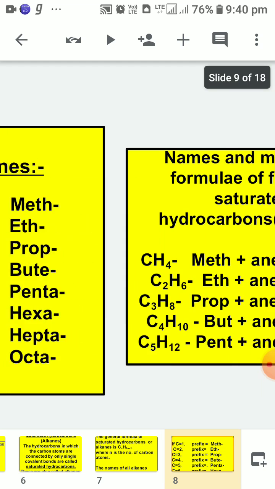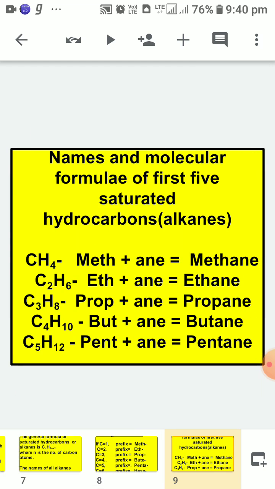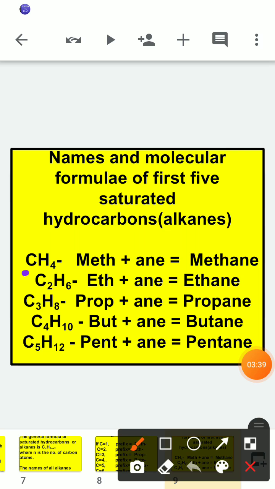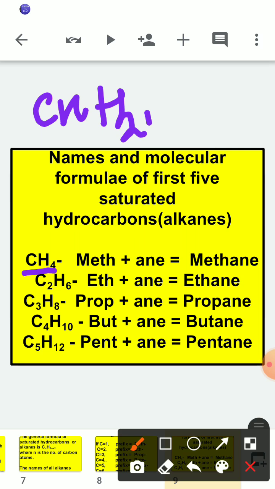Now, names and molecular formulas of the first 5 saturated hydrocarbons or alkanes. The first one is CH4. How are we getting CH4? For this we use the formula CnH2n+2, and here n equals 1.